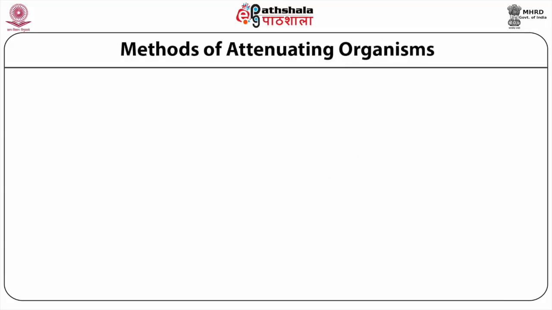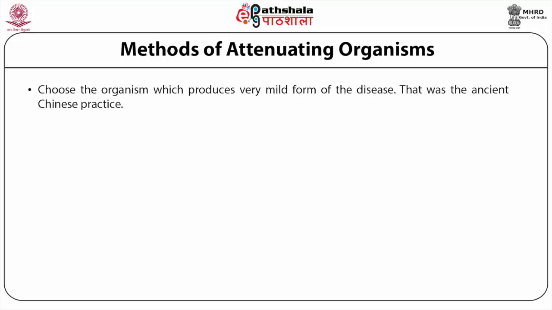Let us look at the different methods of attenuating organisms. One obvious approach to reach this objective will be to choose the organism which produces very mild form of the disease. That was the ancient Chinese practice which we had referred to in our early module.